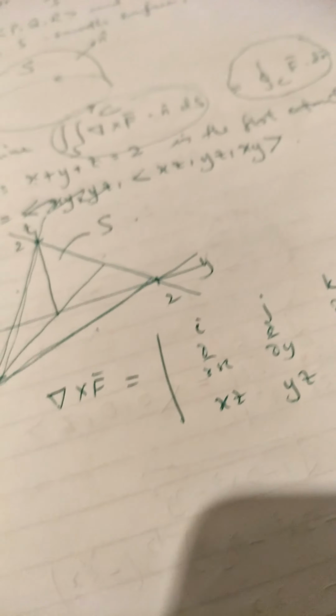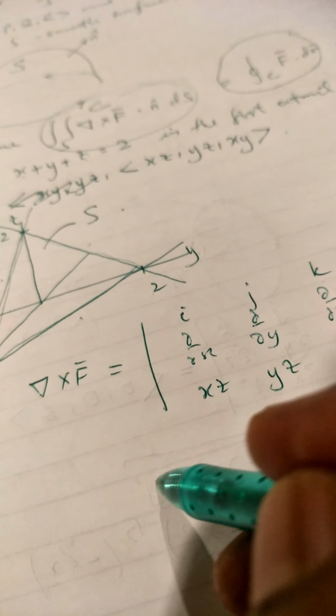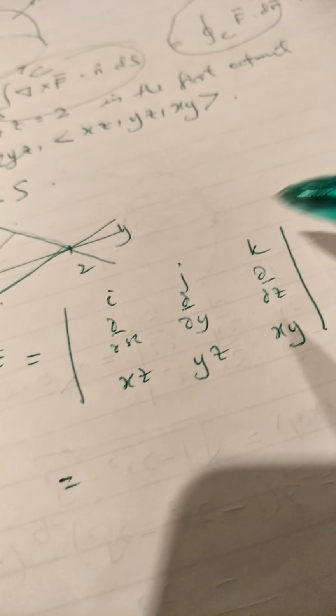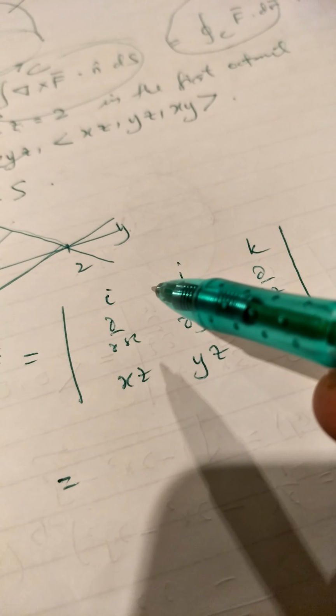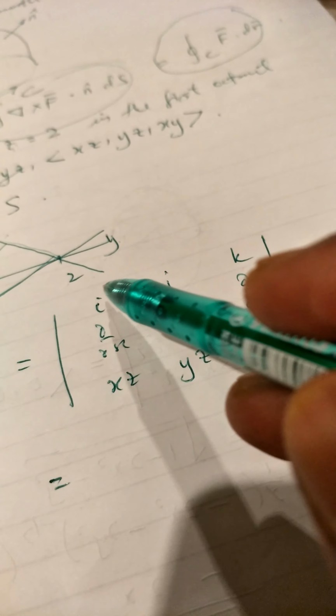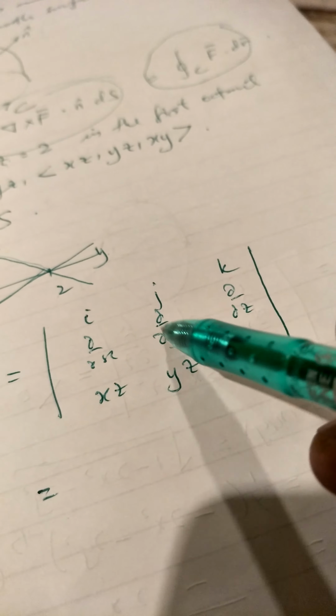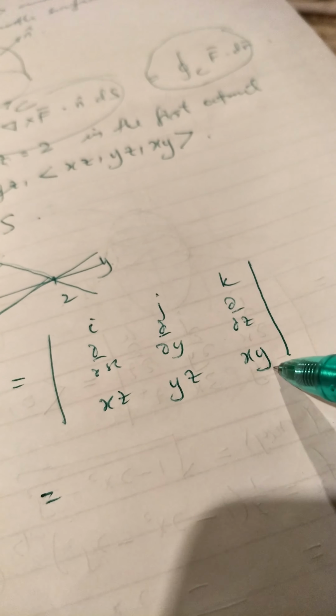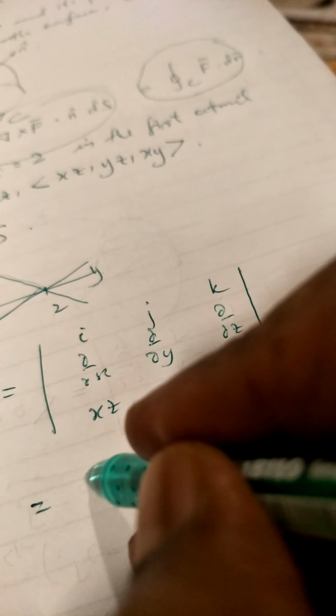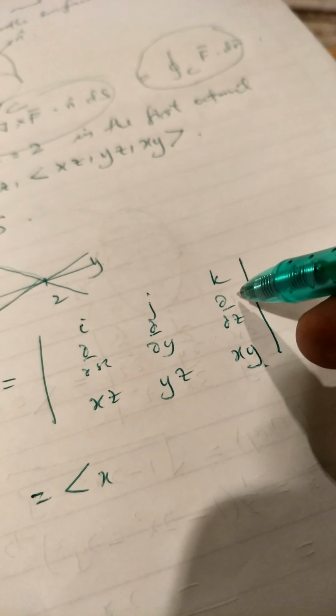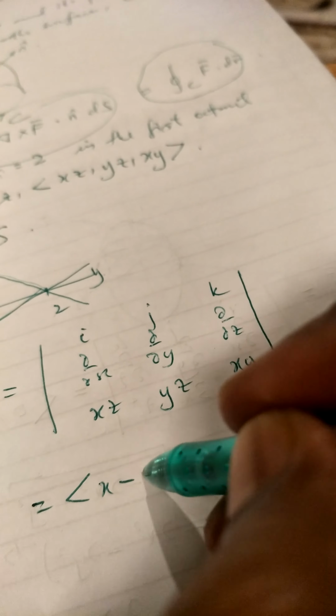For the i component, del y of xy gives x, minus del z of yz gives y, so x minus y.